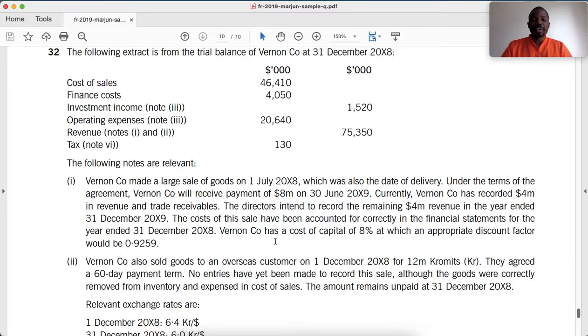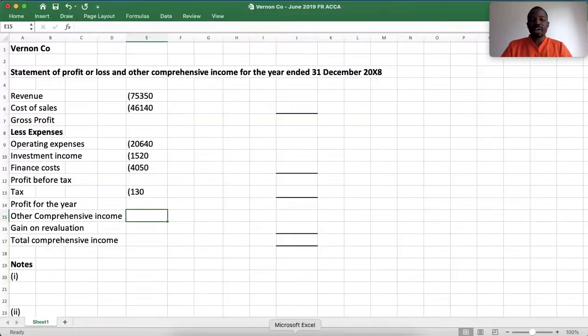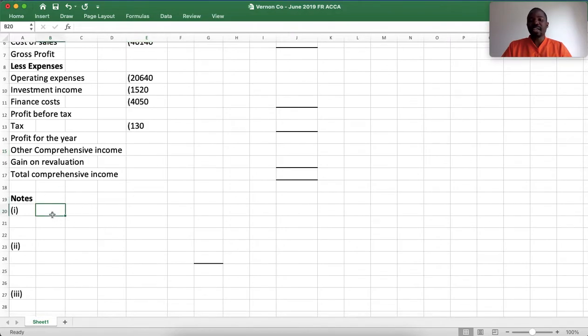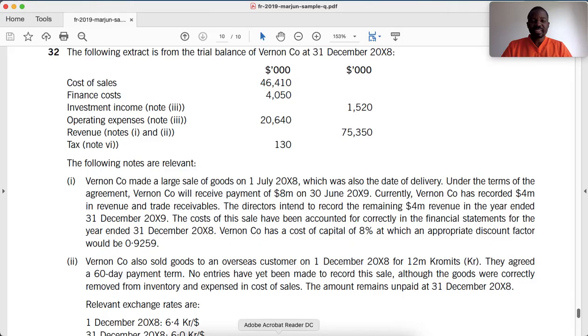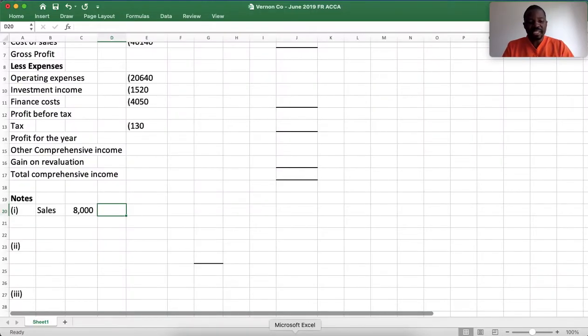That's good. Vernon Co has a cost of capital of 8%, at which an appropriate discount factor will be 0.9259. So this is the discount factor that we will use to discount this 8 million sale. So now let's go to our working. I've gone ahead and prepared our notes. Here we have sales of 8 million, everything in thousands. We are given the discount factor as 0.9259.